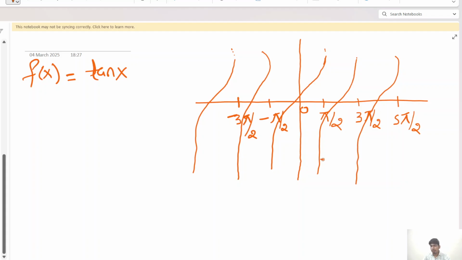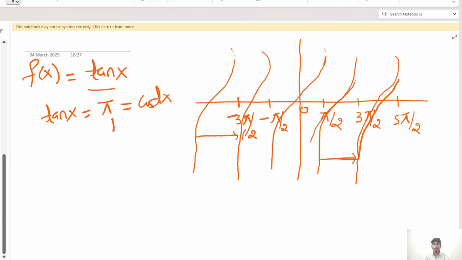When we shift by pi, the curve of the tangent x graph is the same. It implies the period of tangent x is pi. Same as the cot function: the fundamental period of tangent x and cotangent x is pi.